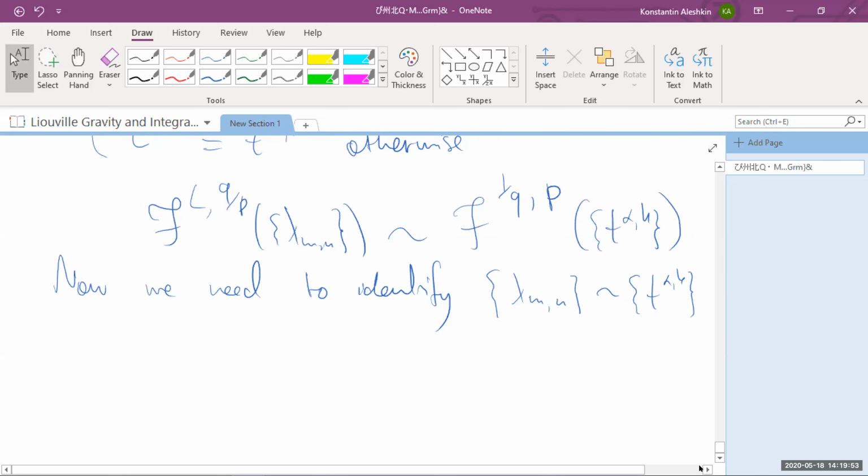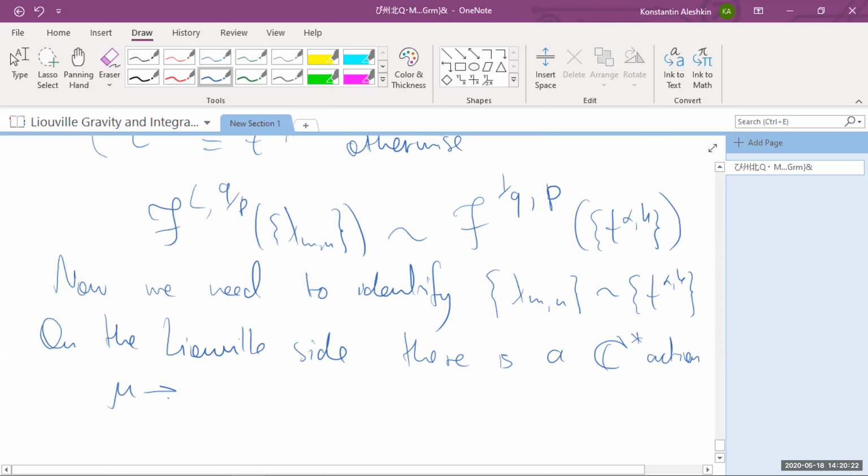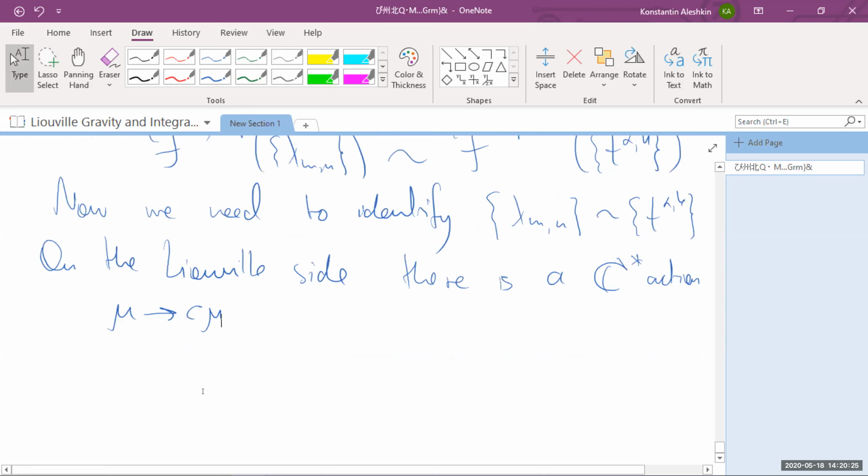And this is done using the scaling. On the Liouville side, there is a natural scaling direction, because all the correlation functions depend on mu just as a prefactor. So mu goes to C mu, and the coupling constants have to compensate the dependence on mu. So lambda mn goes to C power (P plus Q minus Pm minus Qn) over 2Q times lambda mn.